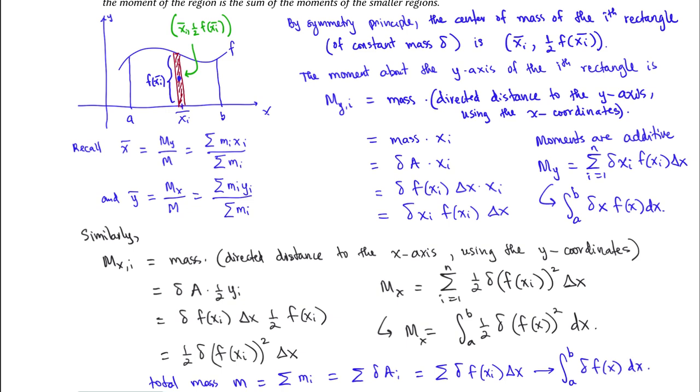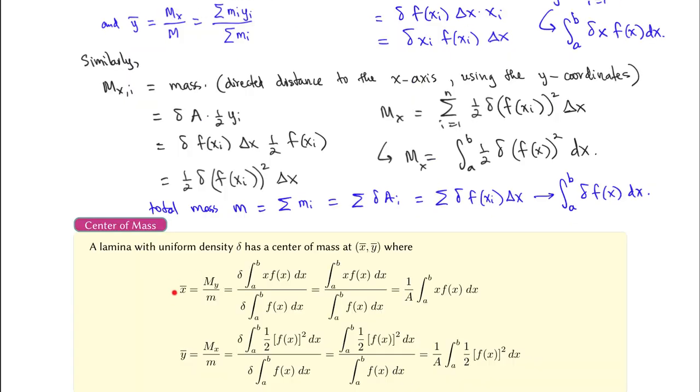This is the total mass. Once we have these three quantities, we can find x bar and y bar. They are now in the form of integrals. X bar is the moment about the y-axis divided by the total mass, and y bar is the moment about the x-axis divided by the total mass.